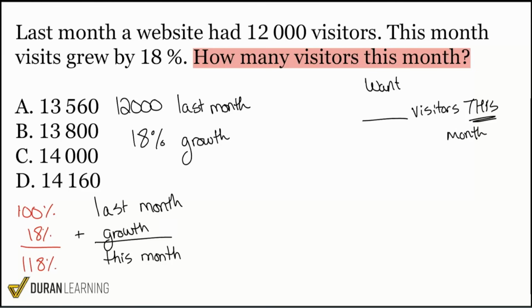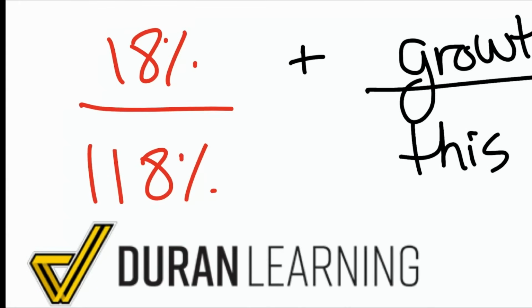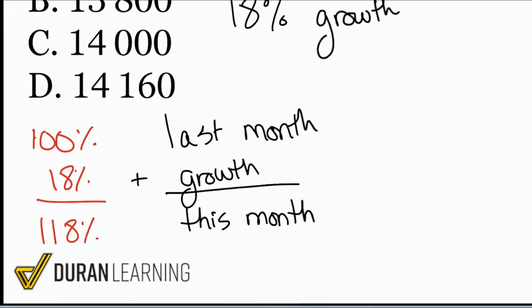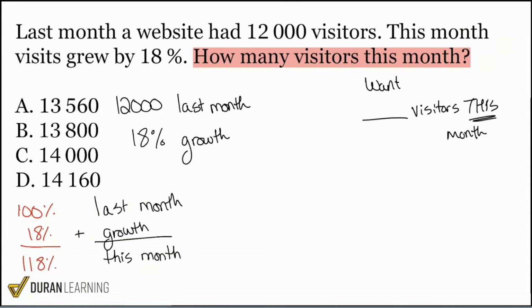Now, why do I bring that up? I bring that up simply because I do not want to multiply by a 3-digit number. So instead, here's what I'm going to do. I'm going to start with last month, the 12,000, and I'm going to add whatever that growth is, and that'll give me this month. But I first need to figure out what that growth amount is.